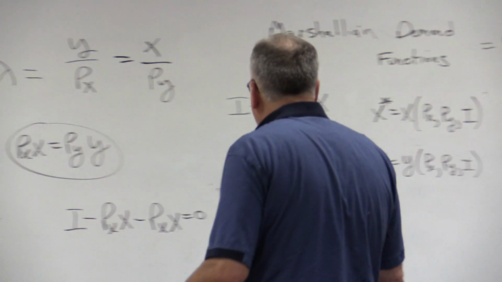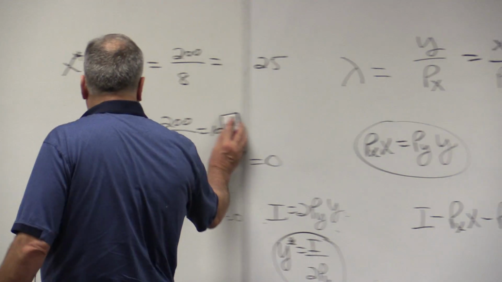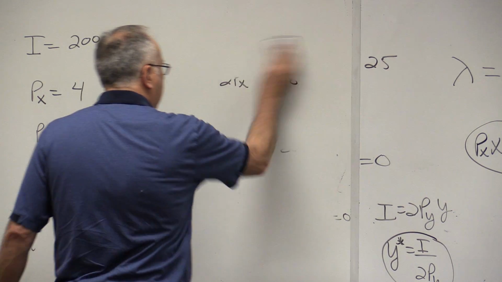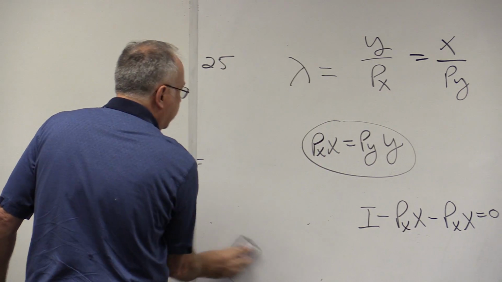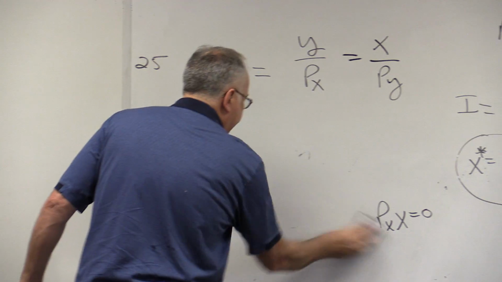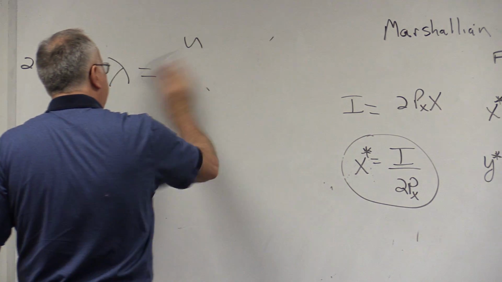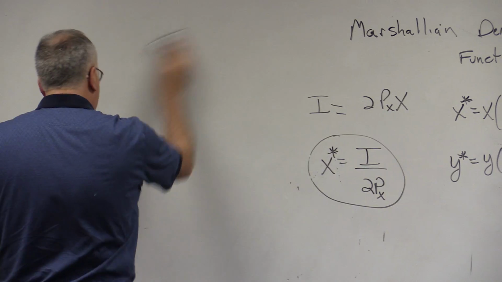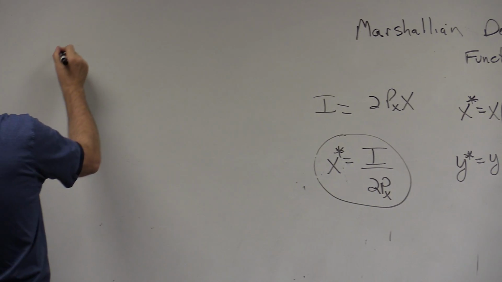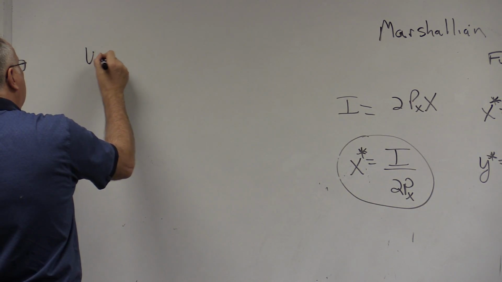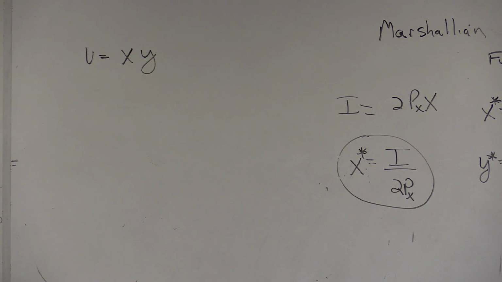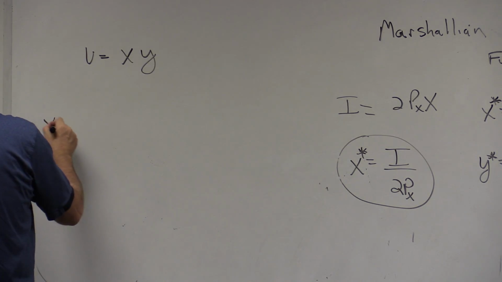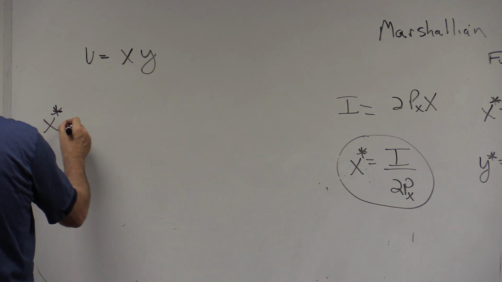Okay. Before I leave this, let me just point out some things. We can actually point out several things. For this particular utility function, u equals x times y, we derived the Marshallian demand functions, and just to repeat, the Marshallian demand function for good x is this.